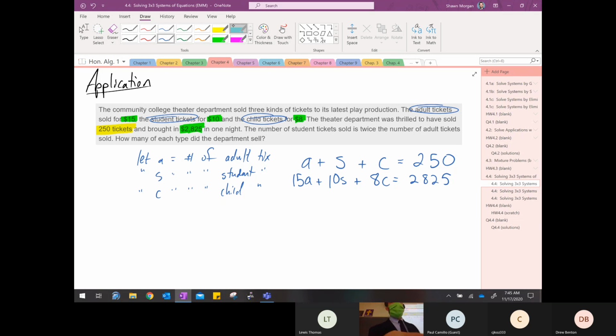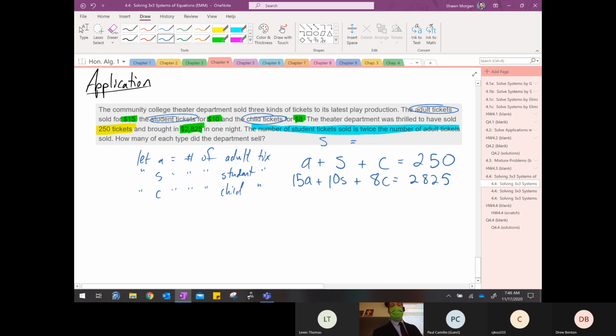All right. Here's my last equation, and I bet you guys have already got this one taken care of. The number of student tickets, S, is, what does "is" mean? Equals twice the number of adult tickets. Alex, what's that expression? Nope.